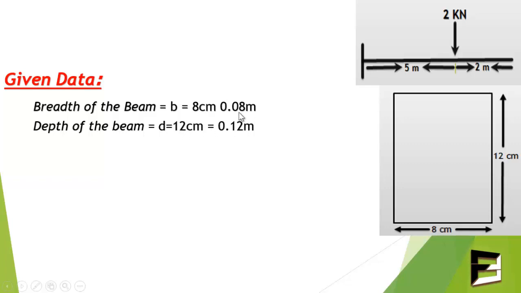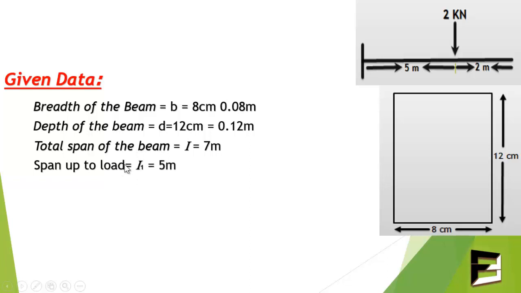We convert it into meter, so 0.12 meter. Total span of the beam we represent by l, so l is equal to 7 meter. Span up to the load is L1, which is of course 5 meter.